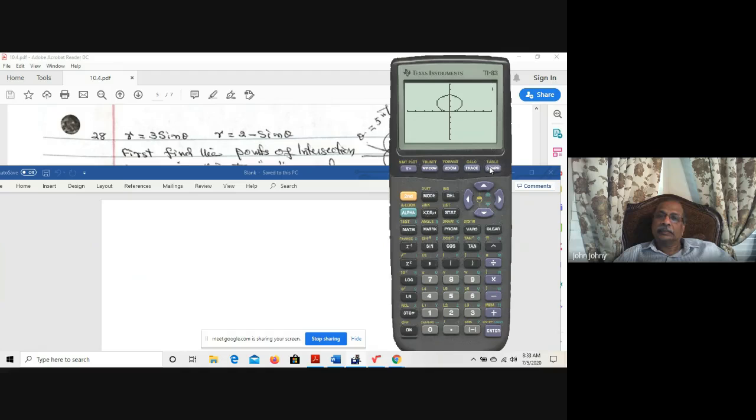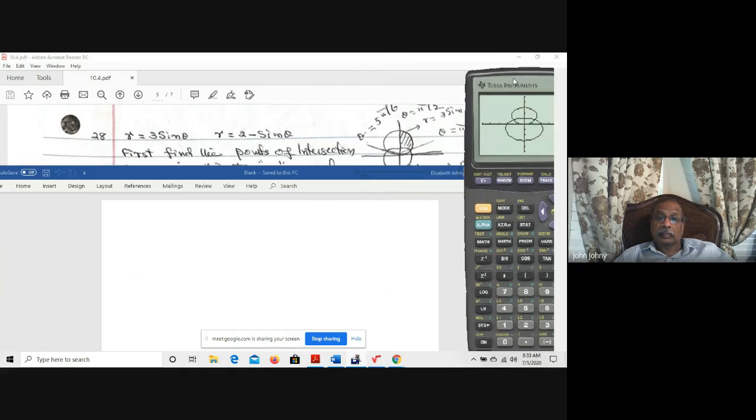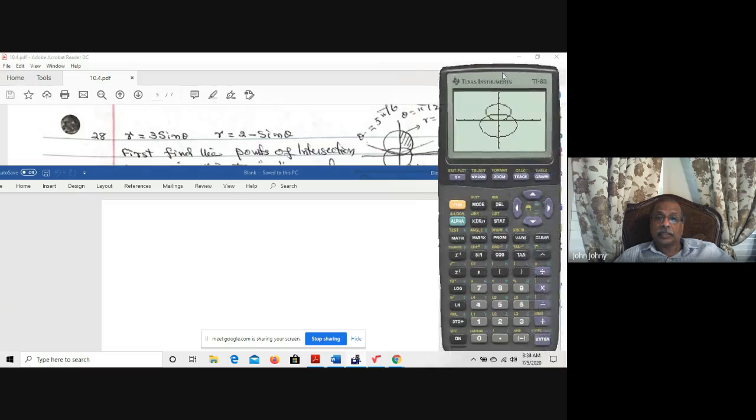That's a circle, and the other one is a cardioid. You are asked to find the area inside the first curve and outside the second curve. So we are asked to find the shaded area.